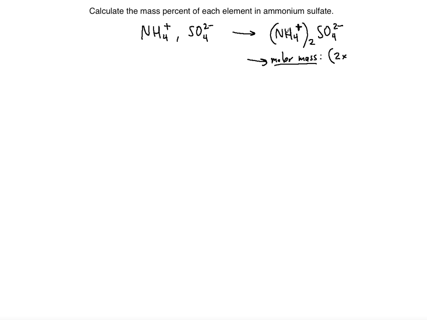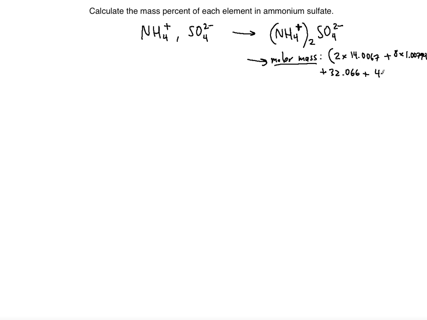formula mass, right? Twice the atomic mass of the nitrogen, which is in the periodic table as 14.0067, plus 8 times hydrogen, because 4 times 2 is 8, and hydrogen is 1.00794, plus 1 atom, okay, 1 atomic mass of the sulfur, which is 32, using the periodic table again, and then finally 4 times the oxygen atom, right?